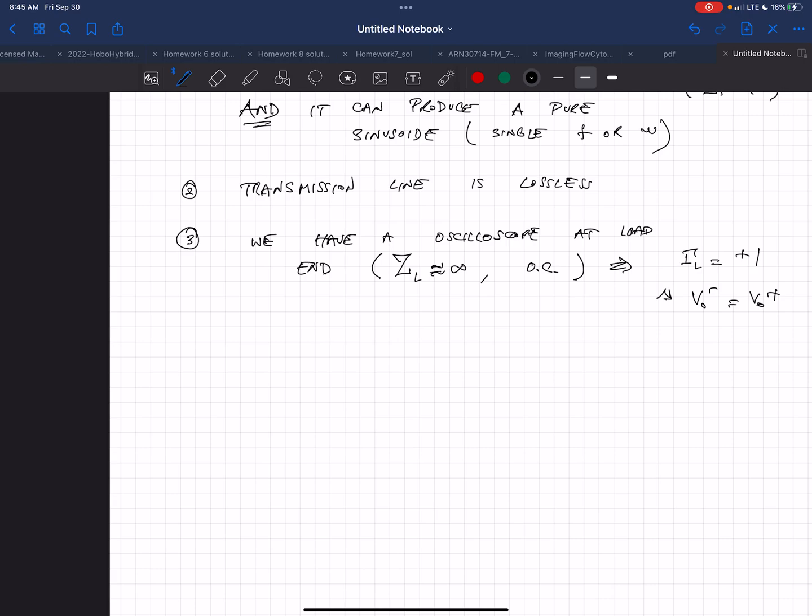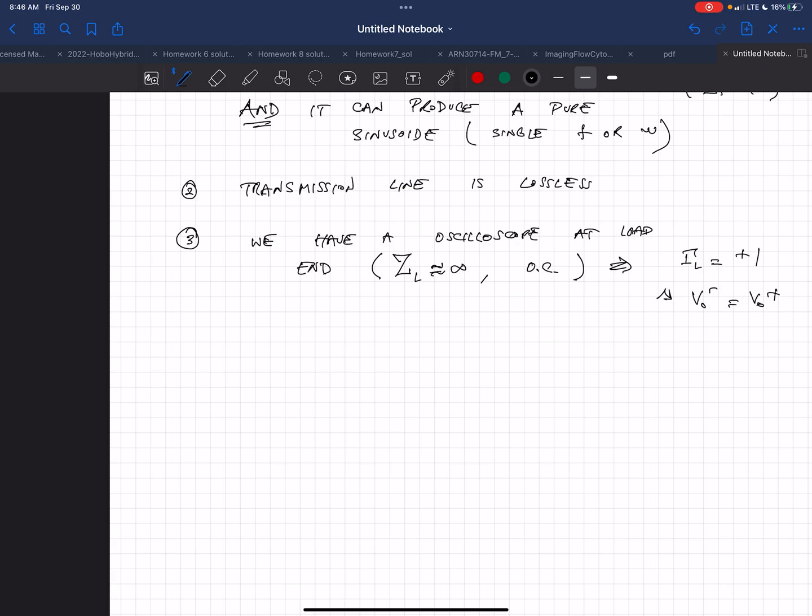The way we did that is V0 is whatever is coming in, the reflection coefficient is +1, and the wave going back is that reflection coefficient times V0 plus. We added those, including the phases, and ended up with this equation.